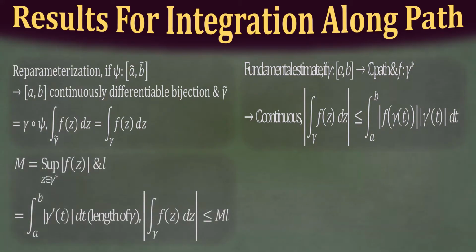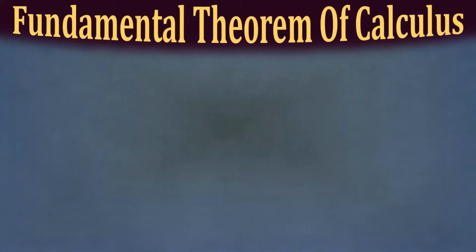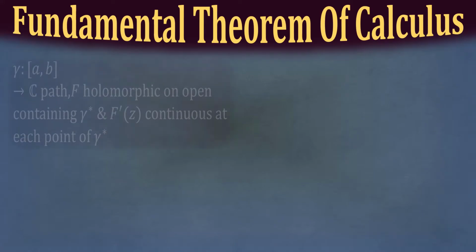Hence, putting M equal to the supremum over all z in γ* of |f(z)|, and L to be the integral from a to b of |γ'(t)| dt, which is the length of γ, then the modulus of the integral over γ of f(z) dz is less than or equal to ML.